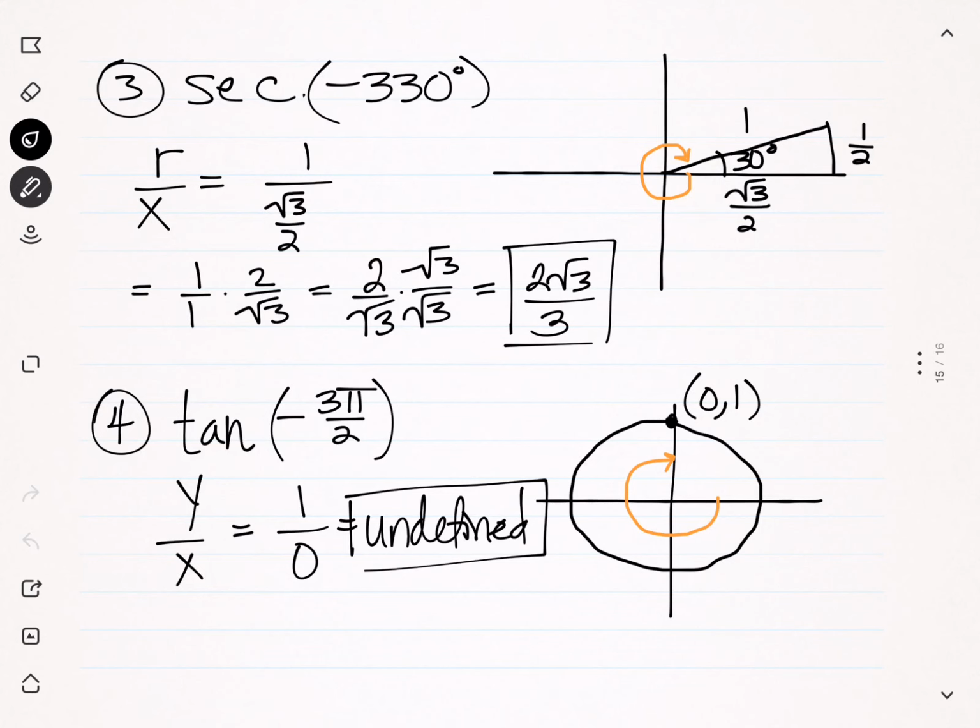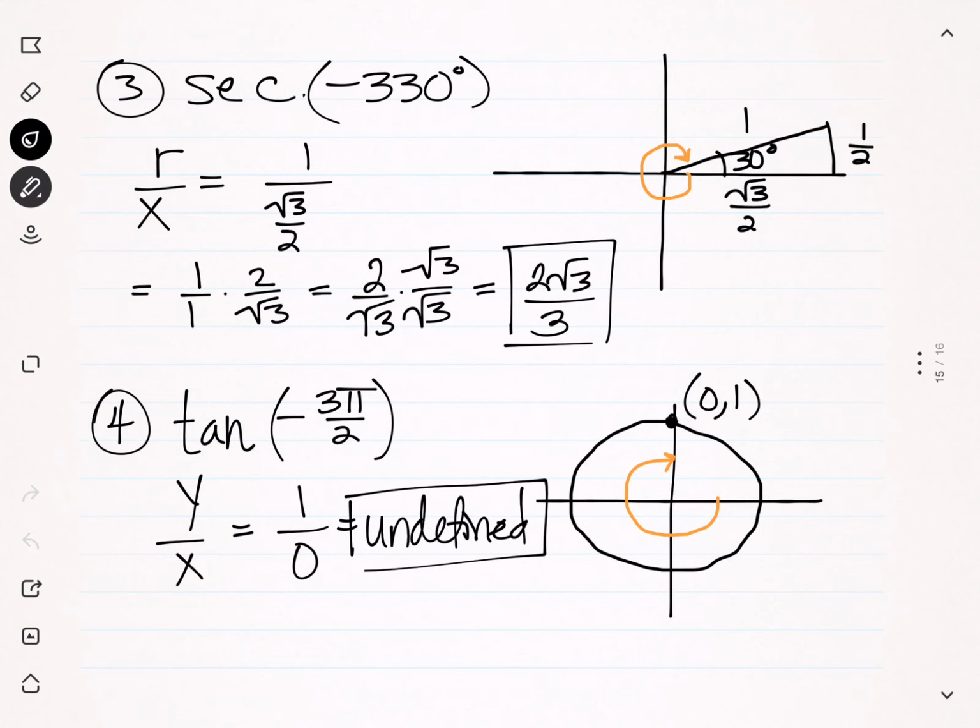And then lastly here, the tangent of negative 3 pi over 2, that's the same thing as negative 270 degrees. Okay, remember that pi over 2 is the same thing as 90. So if I have 3 90-degree angles, that's going to put me at 270. So since it's negative 3 pi over 2, that puts us at the positive y-axis, and the point on the unit circle there is going to be 0, 1.